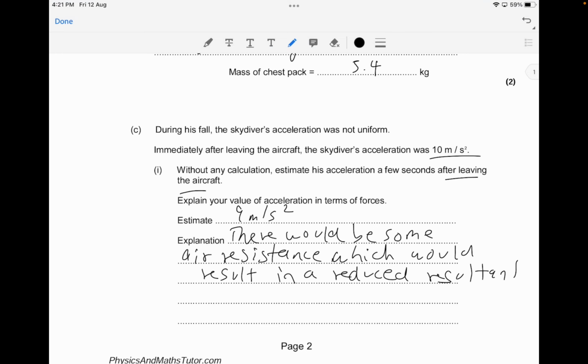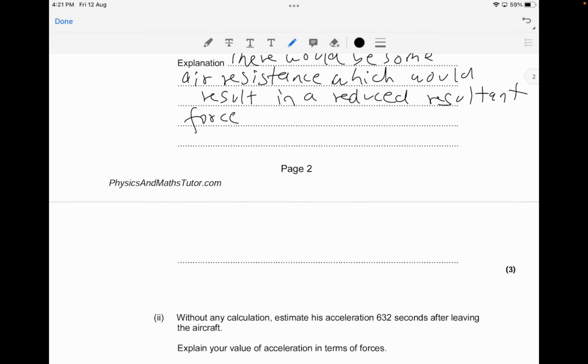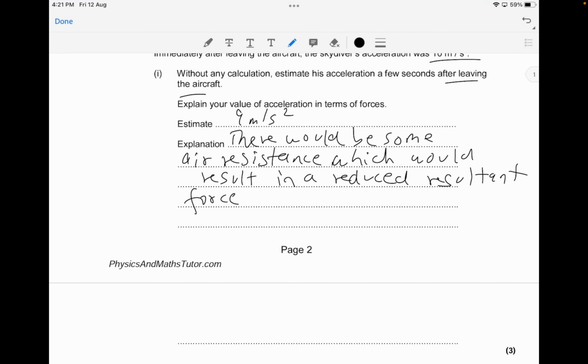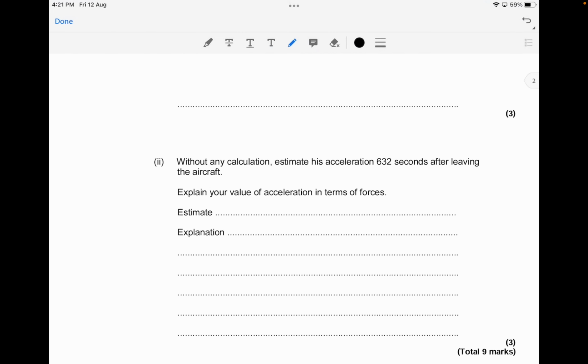This is going to be your answer for about 3 marks. You have to mention the value, and that there will be some resistance, which will result in a reduced resultant force. Okay, let's move on to the next question.